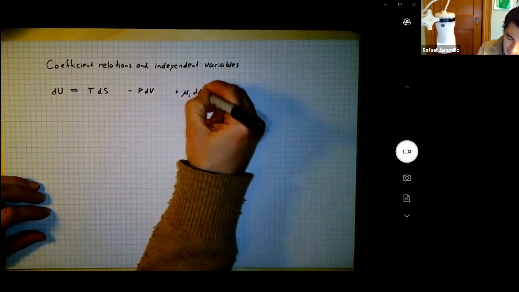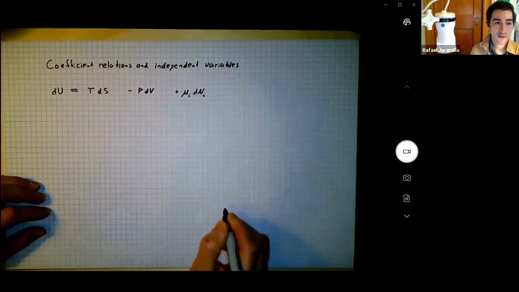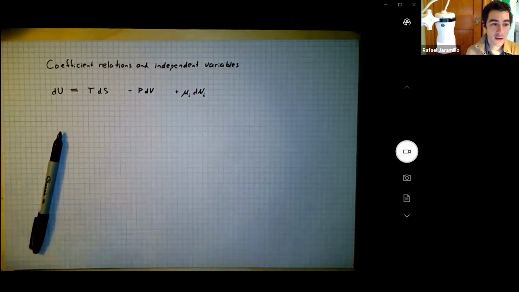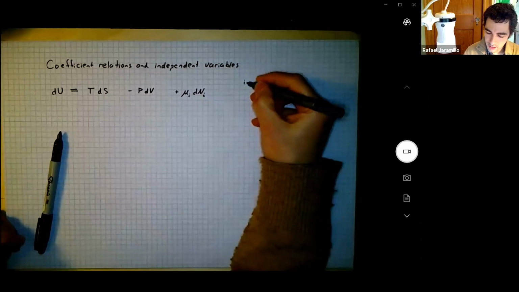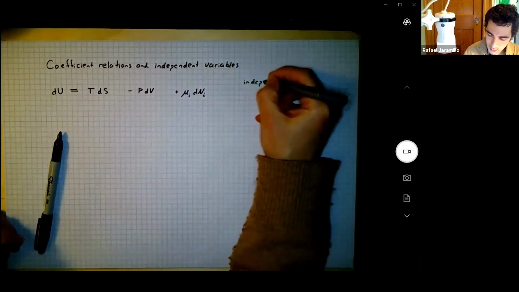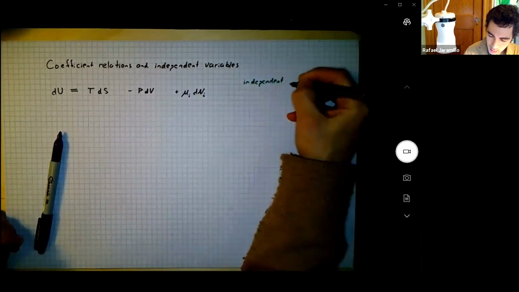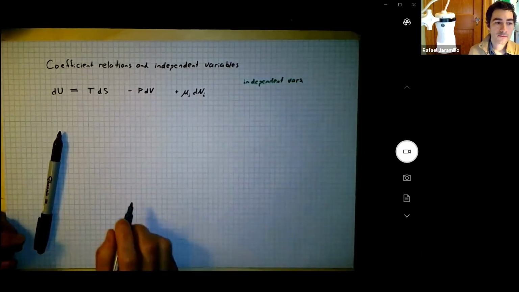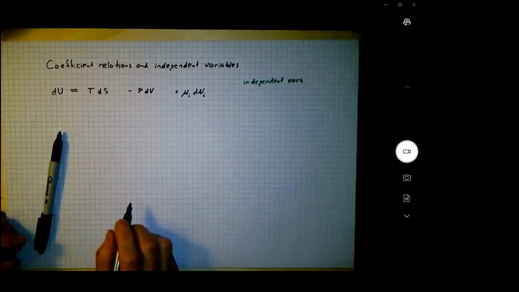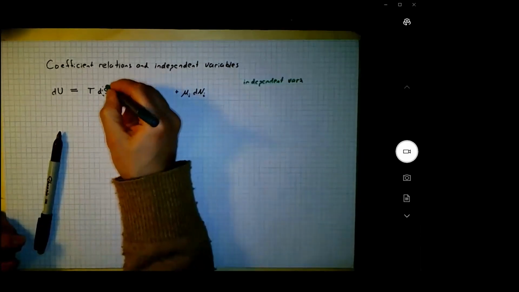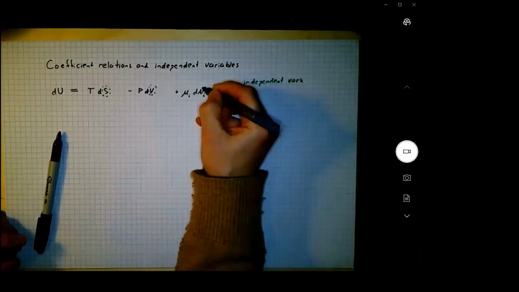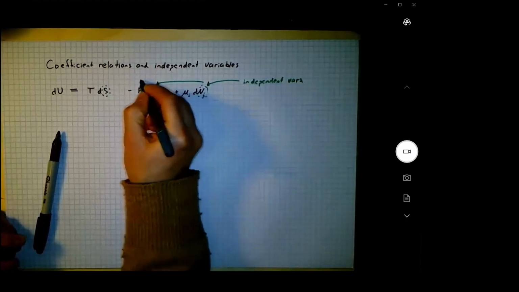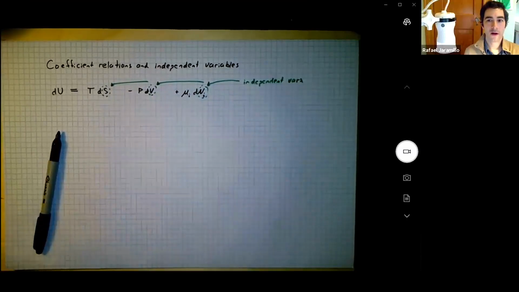I'll let this be a multi-component system, so I'll keep the labels there. Somebody please remind me, what are the independent variables in this differential form? S, V, and Ni. Right. Those are the independent variables.